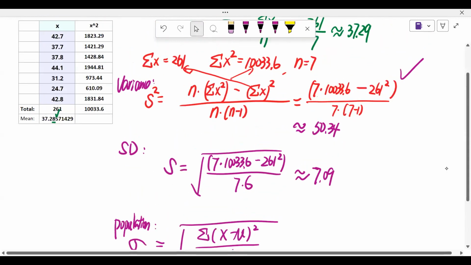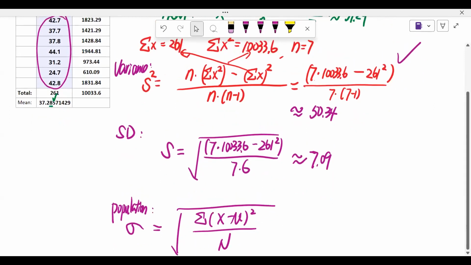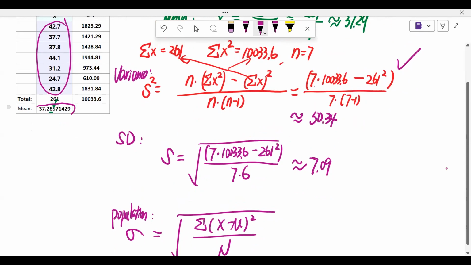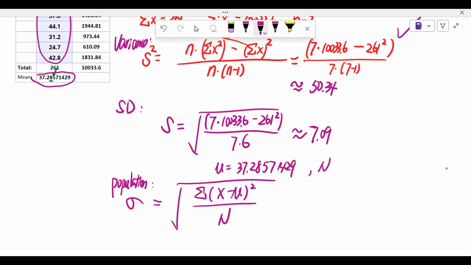So you treat this entire data set as a population. And then we have the mean, so the population mean in this case is 37.28571429, and the population size is 7.